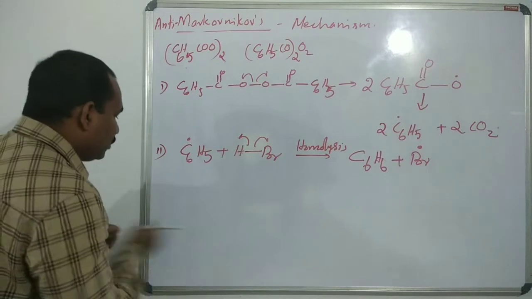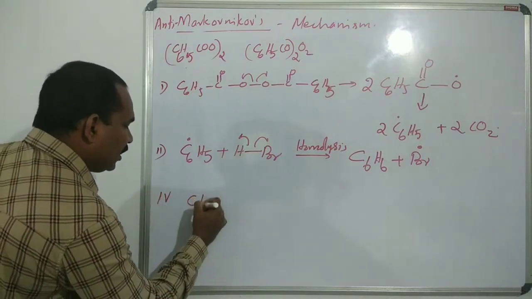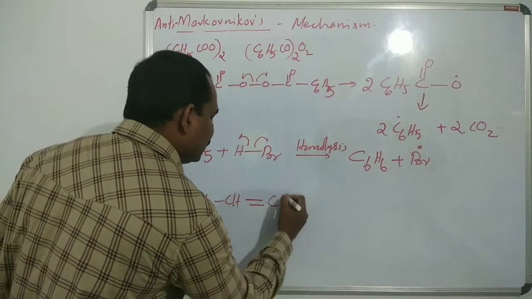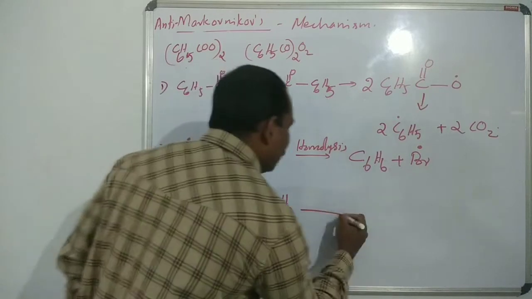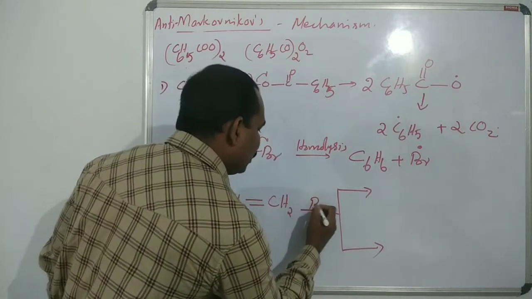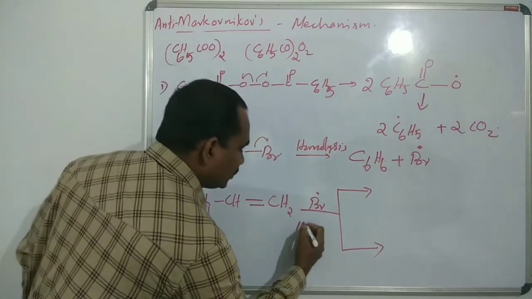CH3 CH double bond CH2. Bromine free radical is added. Br free radical. Homolysis takes place.